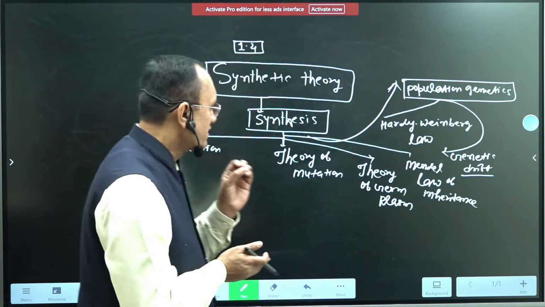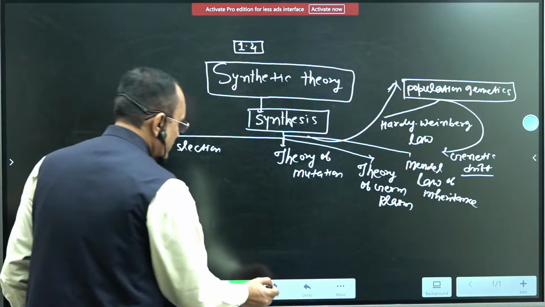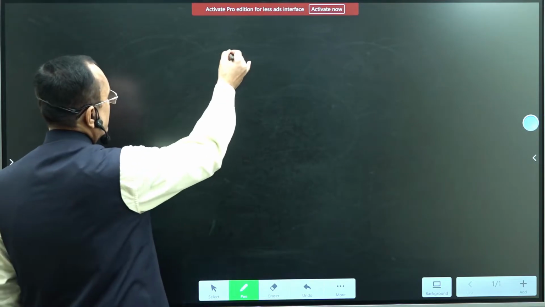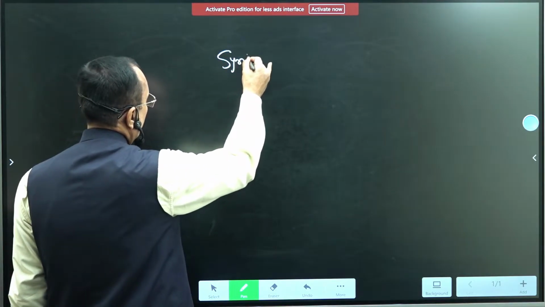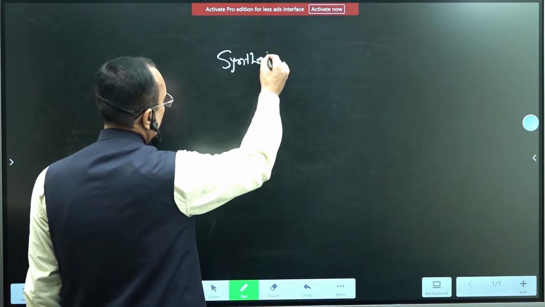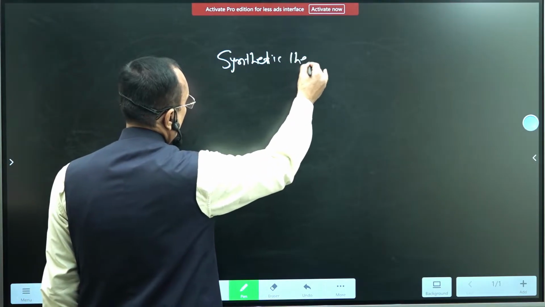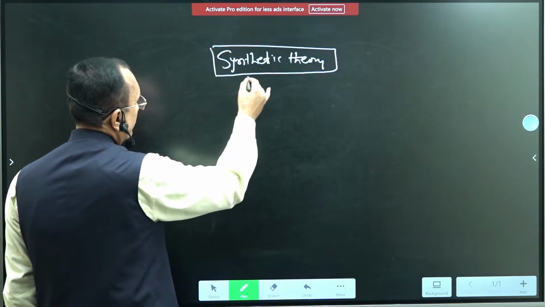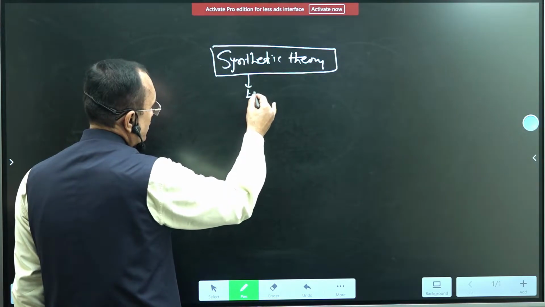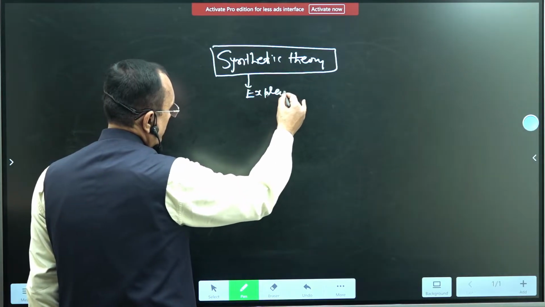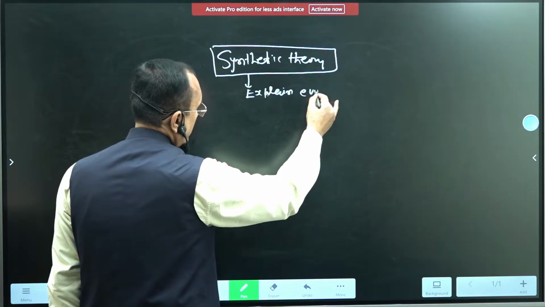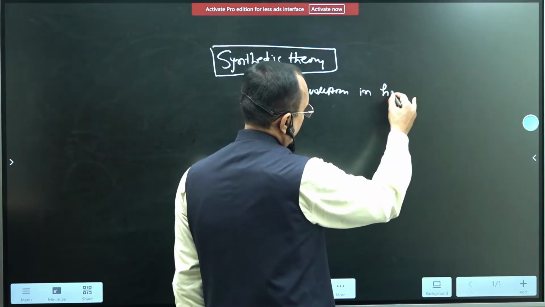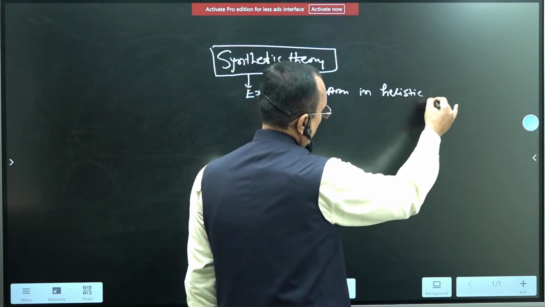And on the basis of that synthesis, synthetic theory explains evolution in a holistic perspective, right?